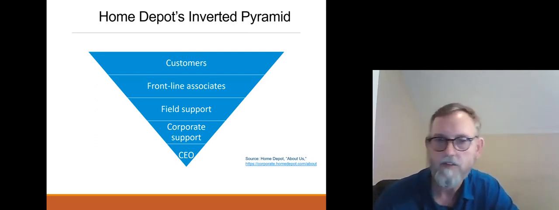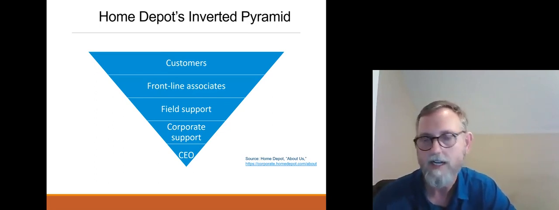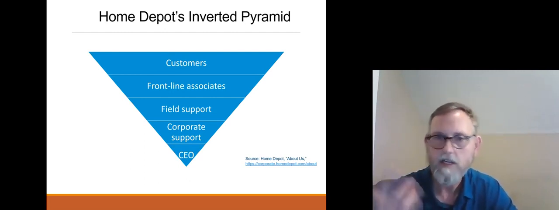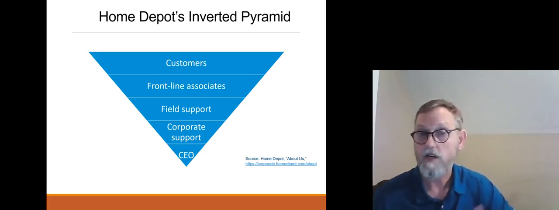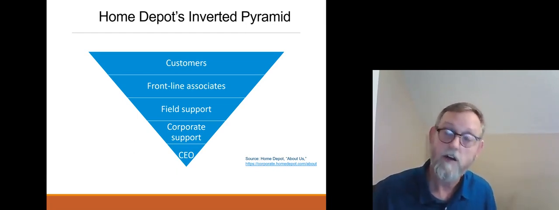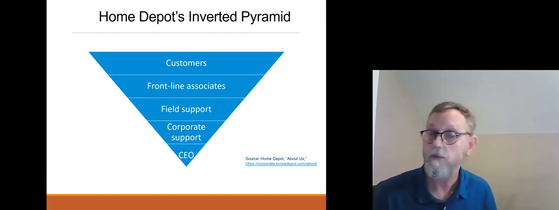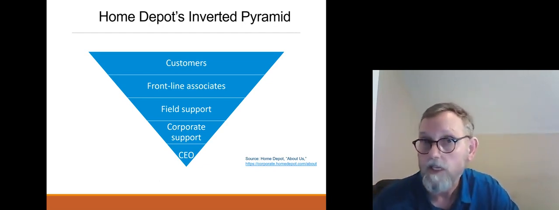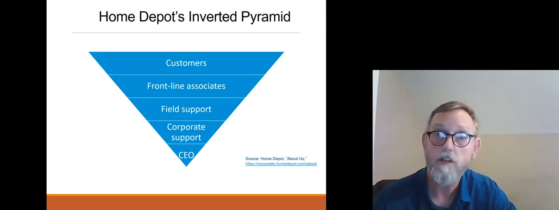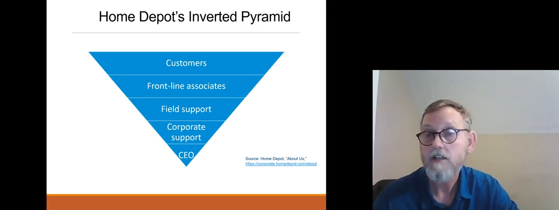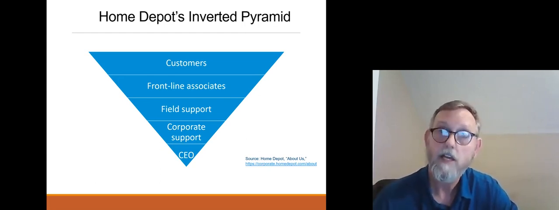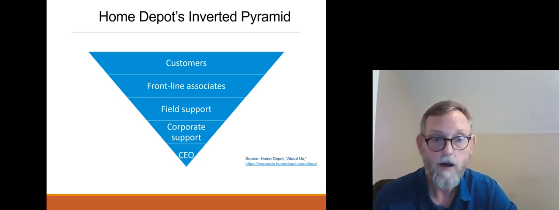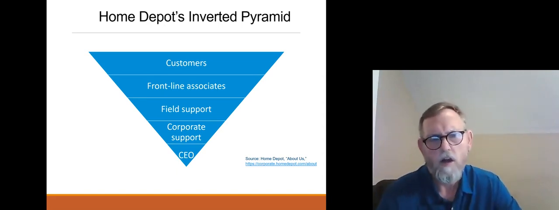Within their organization they have a planning process, or a way of looking at doing business, that is called an inverted triangle or pyramid, where customers take the forefront of decision making, and the customer experience is a really important concept, which they take seriously, followed by their employees, frontline associates, field support, corporate support, and then finally upper level management has the least important role to play in driving how they're going to plan, how they're going to view themselves strategically, and so forth.